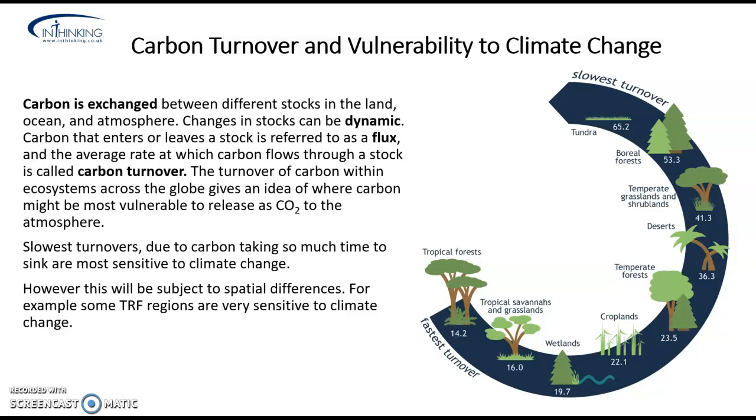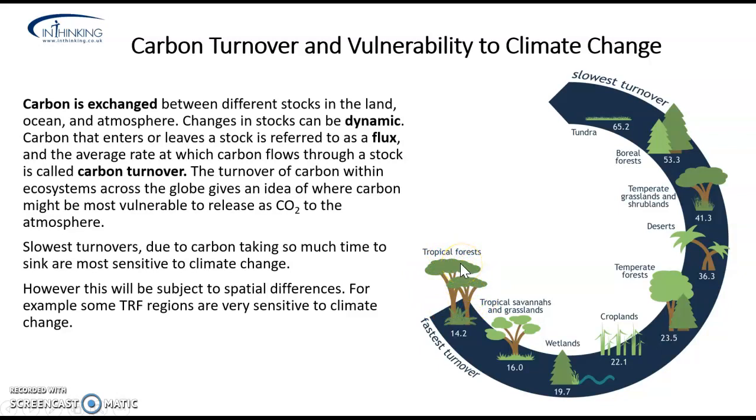The average rate at which carbon flows through a stock is called the carbon turnover. So you can see on the right-hand side that the turnover rates of different vegetations, different ecosystems is quite different, with slowest turnover here found in tundra, followed by boreal forest, fastest turnover found in tropical forests. So this reflects that ability of the carbon to be sunk through photosynthesis and rapid tree growth.